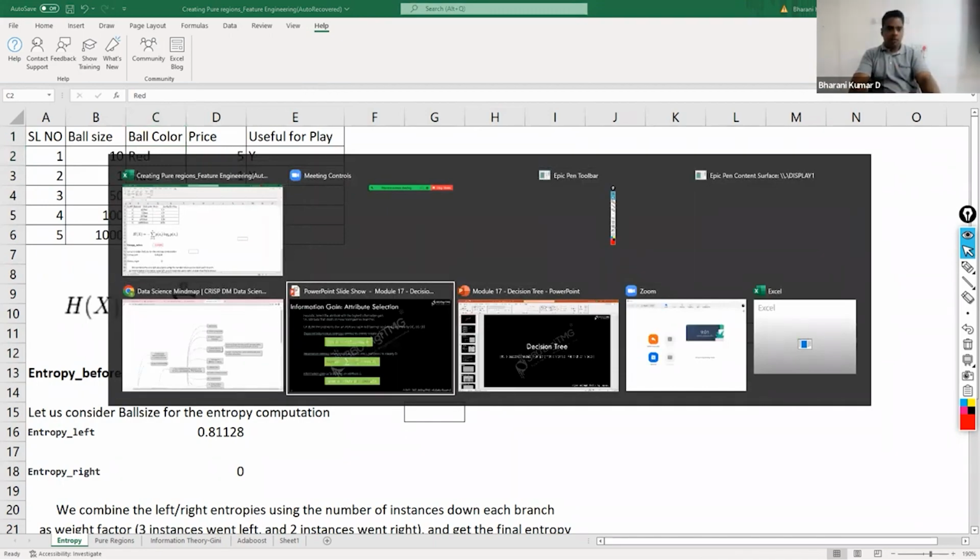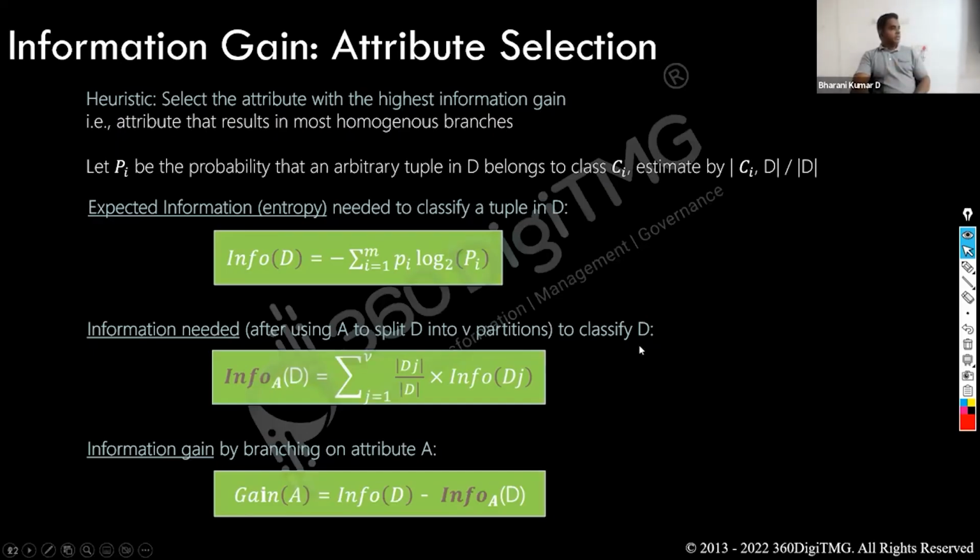Yes, that's the same formula which is given here. Total number of classes, we have done that, right? 3 by 5, 2 by 5, that is this, into whatever is the information that you get. Then when you subtract both of these, that is entropy or expected information, before versus after, you get the information gain.